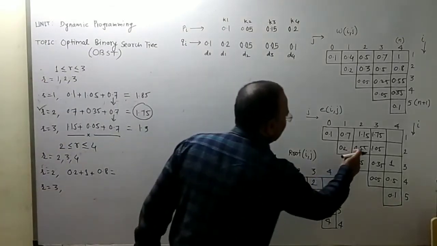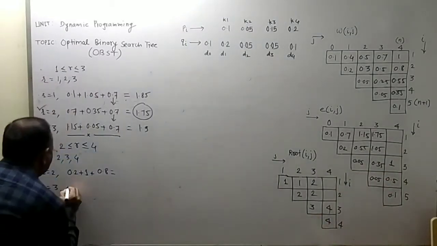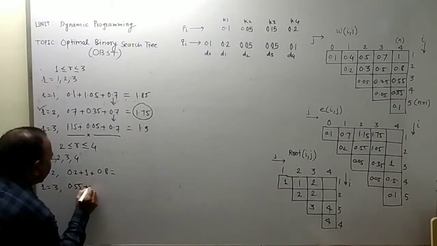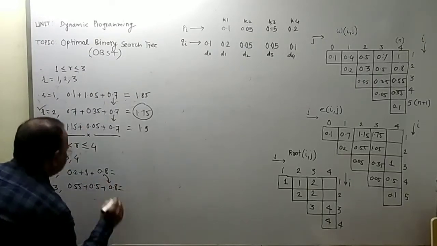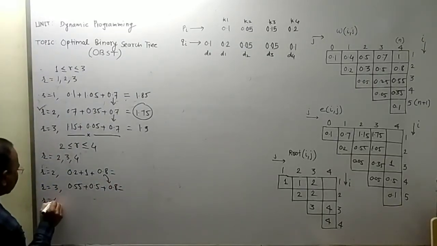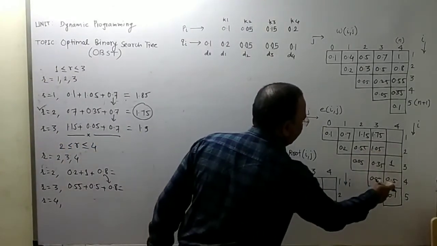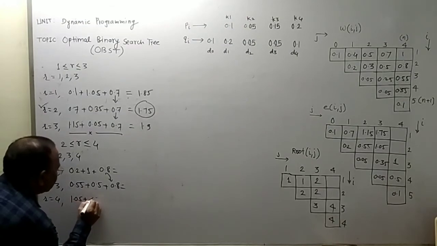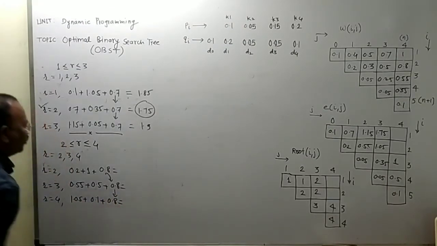0.55 plus 0.5 plus 0.8 is equal to. For r is equal to 4, 1.05 plus 0.5 plus 0.1 plus 0.8 is equal to.